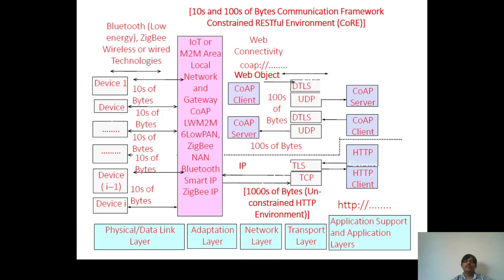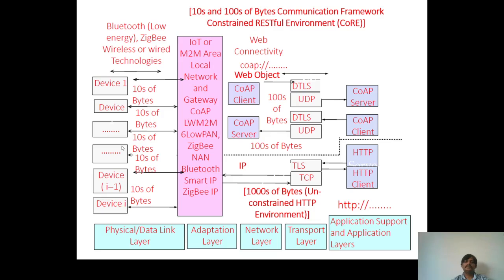For communication between web objects, IETF core specifications include CoAP and UDP, web objects protocols for sending a request or response, with transport layer protocols used being datagram transport layer security and UDP. Hundreds of bytes communicate between the IoT web objects. Web objects, HTTP client and HTTP server, communicate over the internet using IP, and the client or server use URLs. And thousands of bytes communicate between HTTP web objects using certain protocols for sending a request or response.